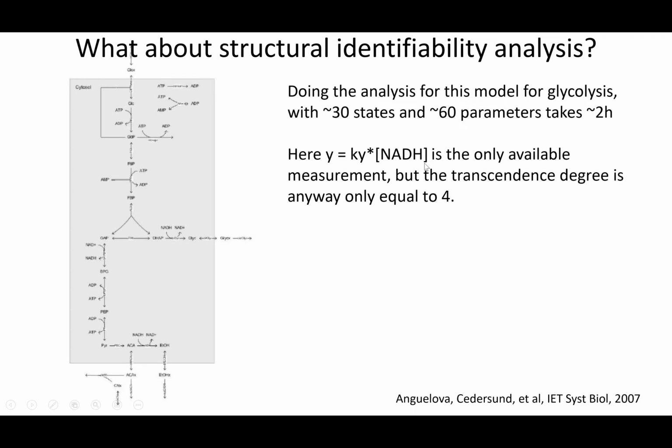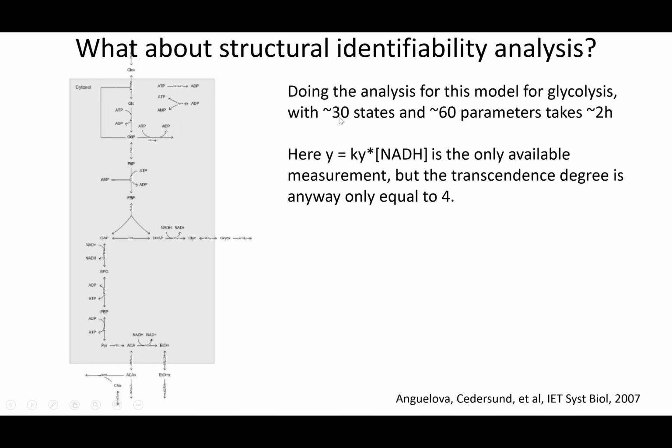And in this particular case, we did that for this glycolysis model, where we actually can only measure with a high time resolution one value, which is NADH, which you can measure via fluorescence, so it's with an unknown scaling factor.